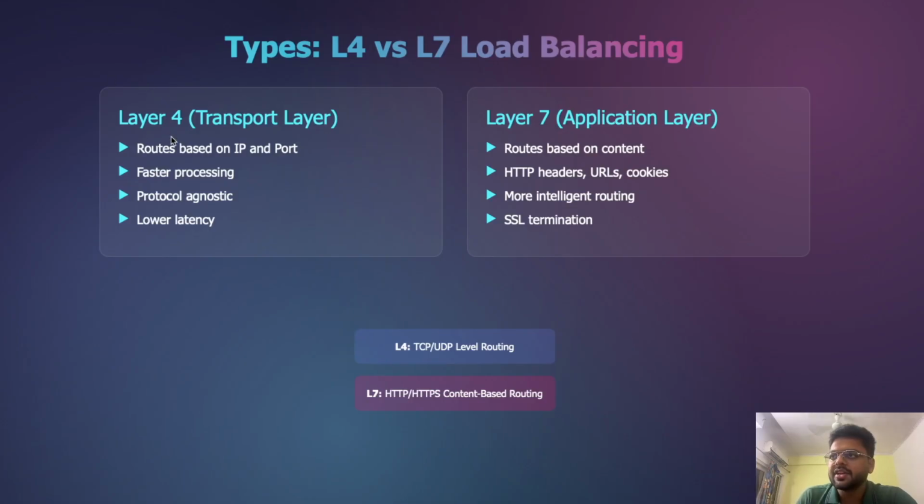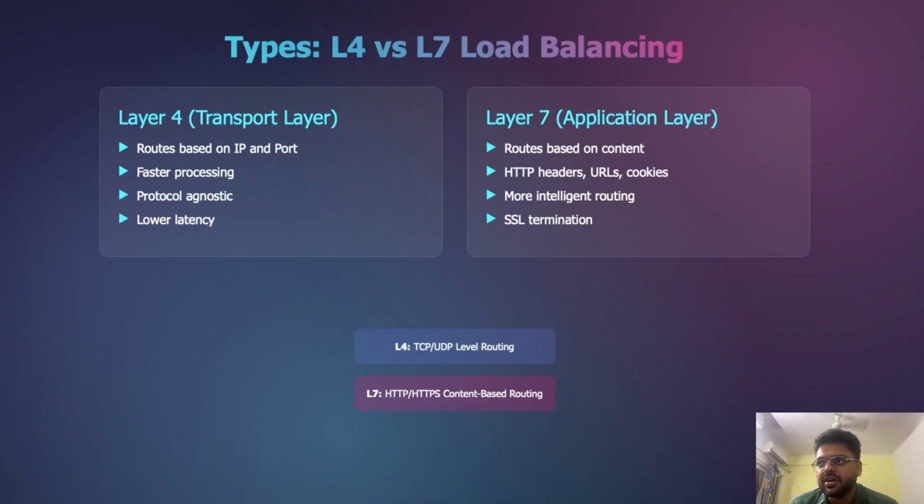Now let's see what layer 4 or L4 load balancing actually is. L4 load balancing is applied on the TCP or UDP layer, and it makes a routing decision based on the IP and the port.